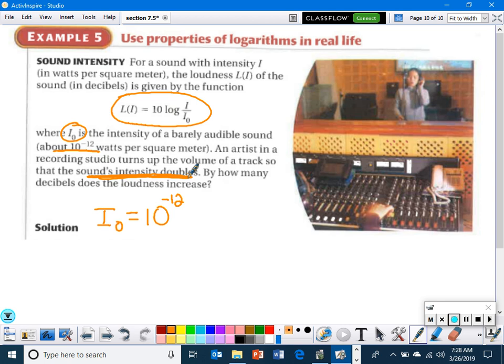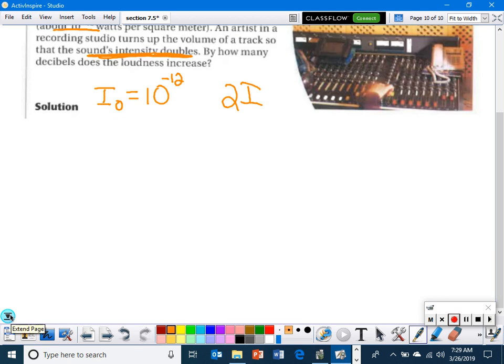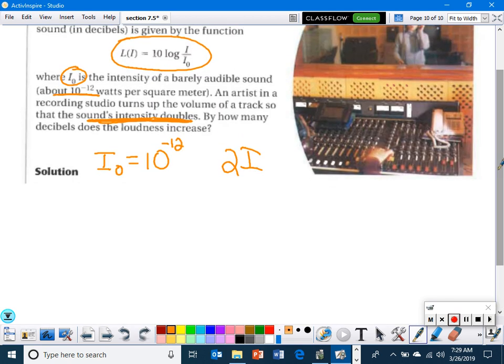So to double that, that would be 2 times I. Now, if I'm going to plug numbers into this formula, I'm going to write this out. So I've got 10 log, then I'm doubling the intensity, right? So I say 2I over I sub 0.